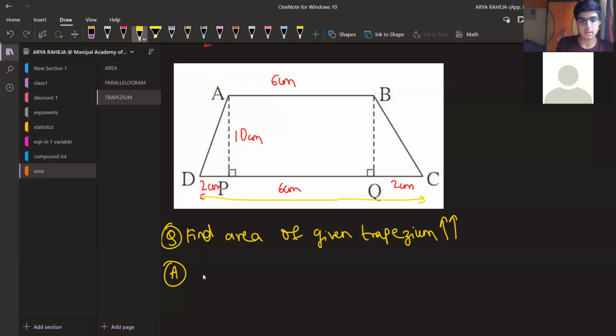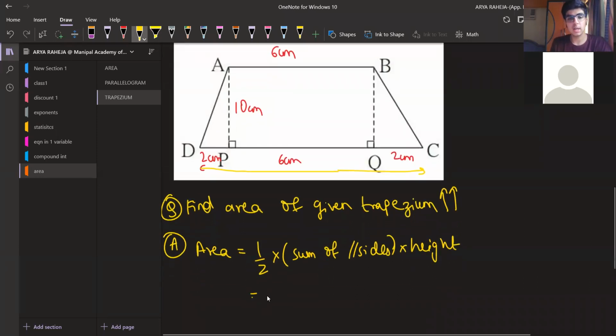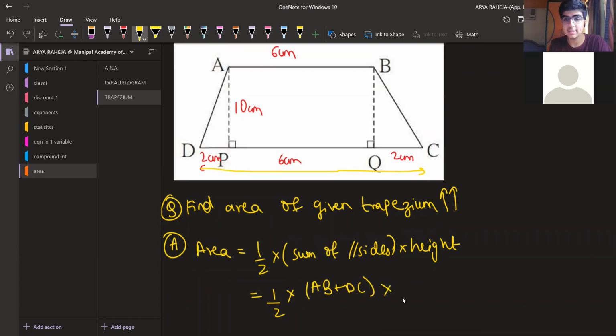We need to find the area of this given trapezium. The area formula is half multiplied by the sum of the parallel sides into height, right? So here it becomes half into, now which are the parallel sides? AB plus DC, into, now the height is AP.